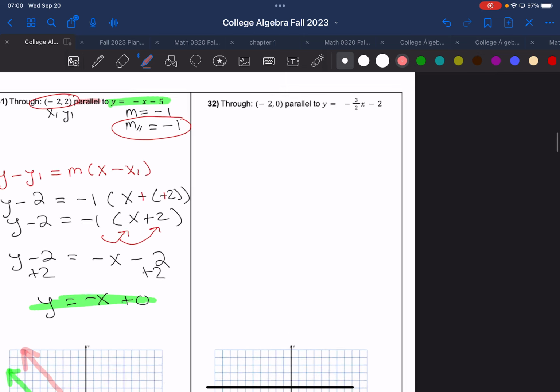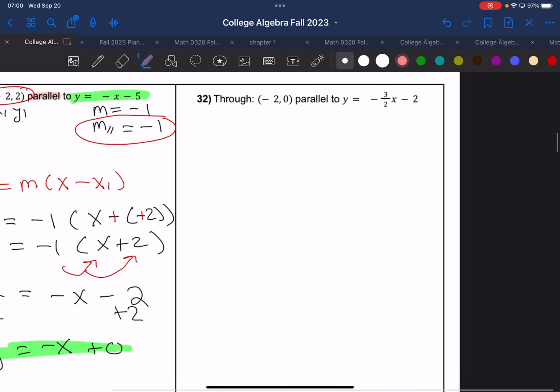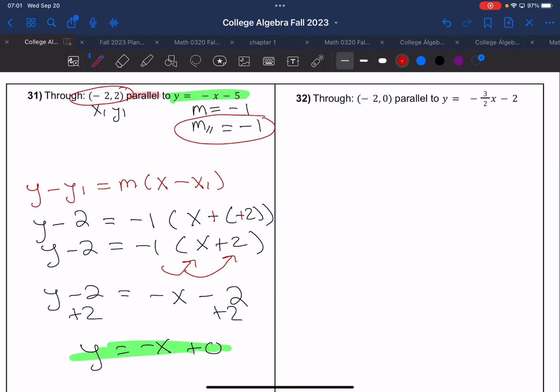Okay, let's look at number 32. It gives us a point. It gives us our original equation. And again, it's telling us to have something that is parallel, so same slope. So writing our formula, we have y minus y1 is equal to m(x minus x1).